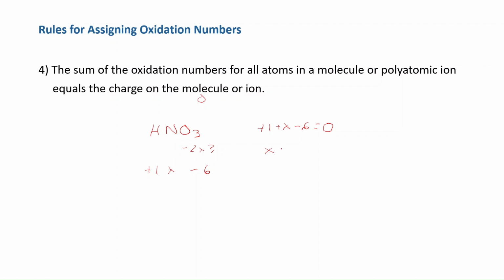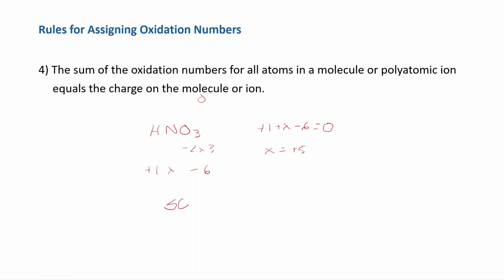So how much is x? Plus 5. Because then it will be plus 6 minus 6 equals 0. So you see, nitrogen could have more than one oxidation number, but you determine it because you know the oxidation numbers of all of the other atoms, and you know the molecule, so adding them up equals 0.